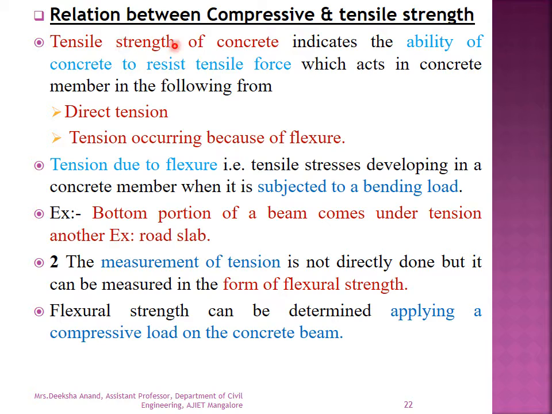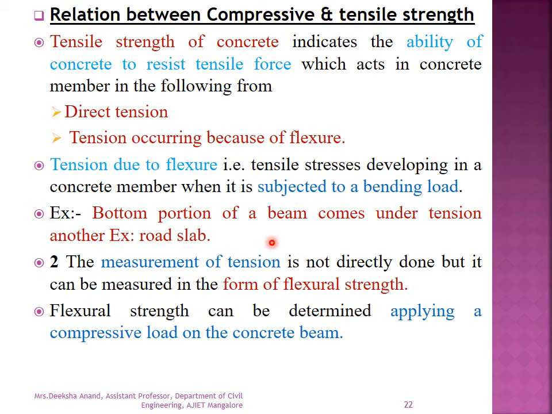The tensile strength of a concrete indicates the ability of the concrete to resist the tensile force which acts on the concrete member in the following forms: direct tension, and tension occurring because of flexure, that is, tensile stress developing in the concrete member when it is subjected to a bending loading.